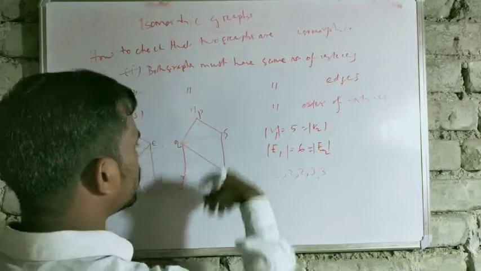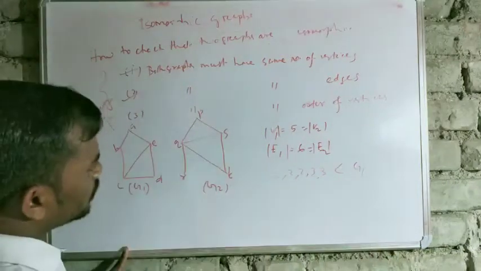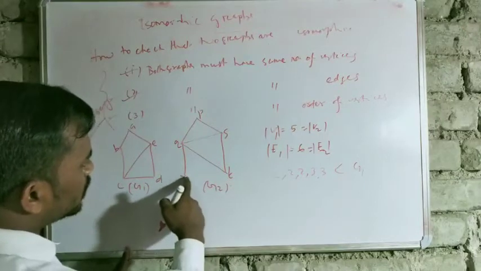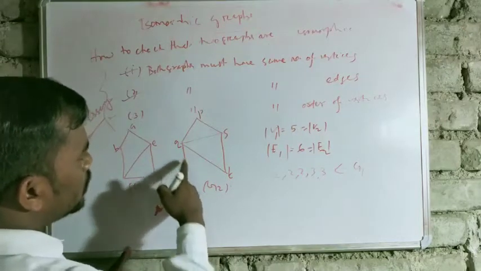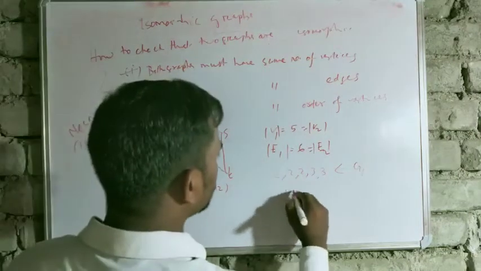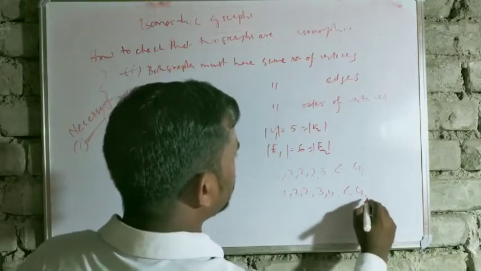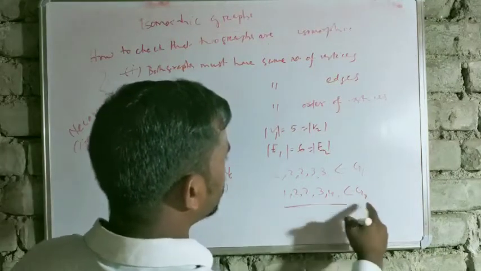Similarly, this is for G1. And similarly for G2, this vertex is order 1. This is 4, this is 2, this is 3, this is 2. That means 1, 2, 2, 3, 4. These are the orders of the vertices of G2.